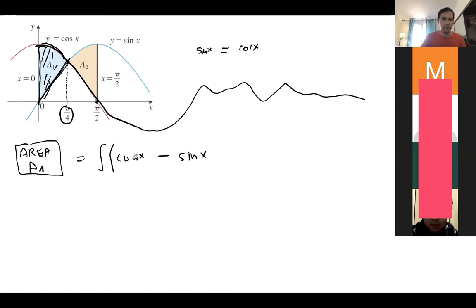Then we evaluate this integral from 0 up to pi over 4. We know how to compute this: take the antiderivative of this function, and use the fundamental theorem of calculus. That will give you the area.